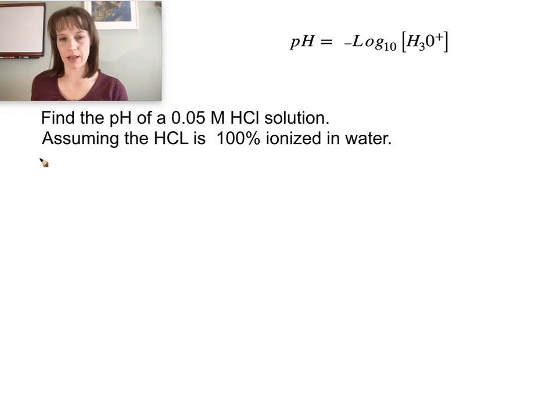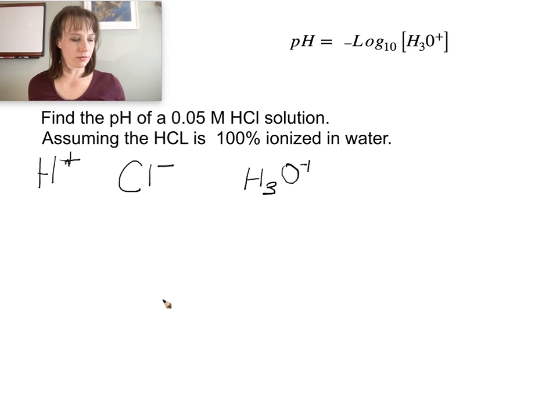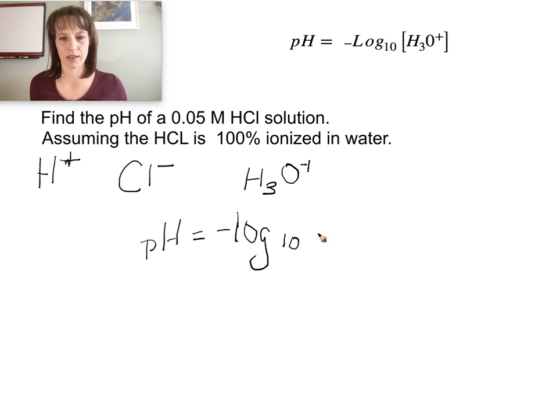That just means that every one of the molecules will break apart into ions in solution, and when hydrogens are floating around, we discovered before that they will become bonded together with water molecules as a hydronium ion, and so we know that the pH from this equation up here is equal to the negative log base 10 of the hydronium ion concentration.